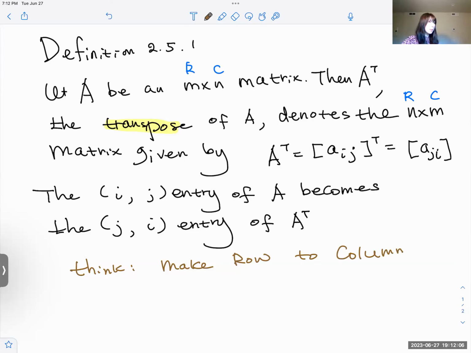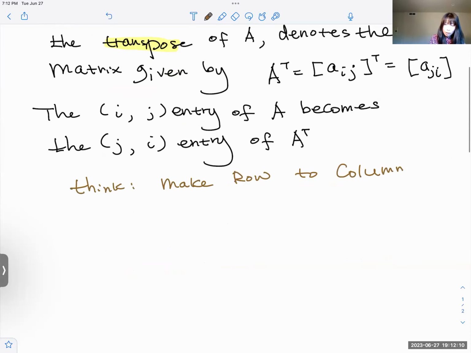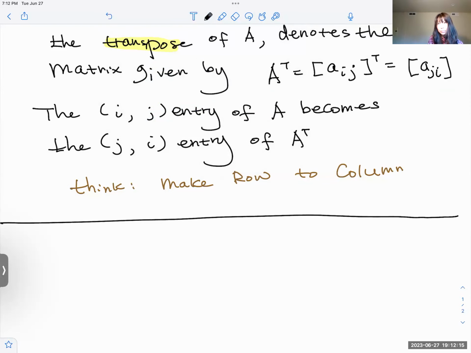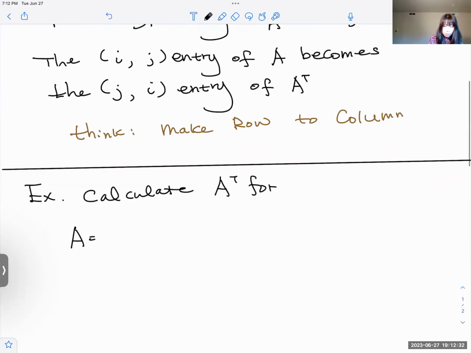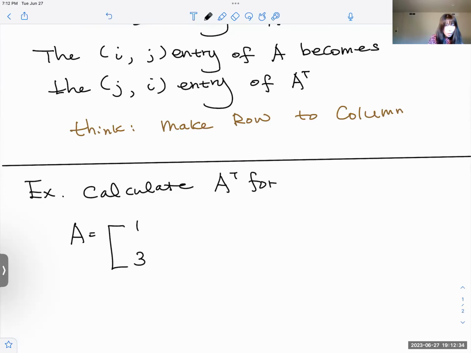Okay, let us do this. Calculate the transpose of A, where A equals 1, 3, 2, 5, -6, 4.